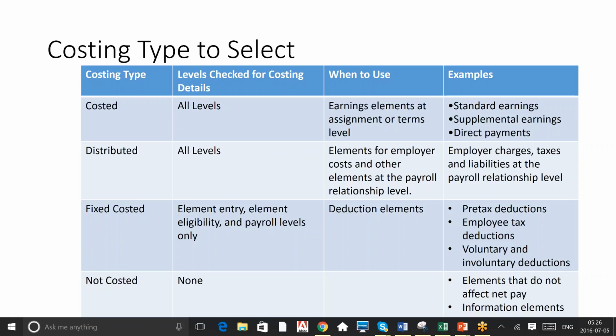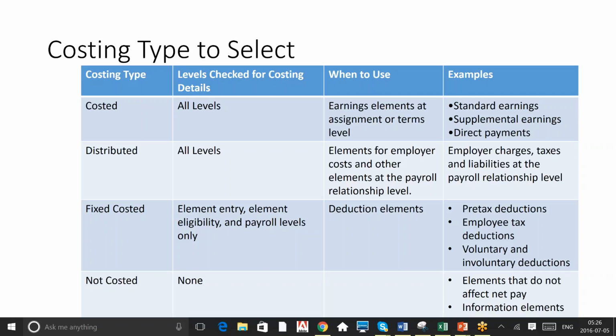So in UAE the pension elements we do as fixed costed, because we don't need the pension elements to be costed differently for different departments. So entire company's pension goes into only one account. So it is defined as fixed costed.